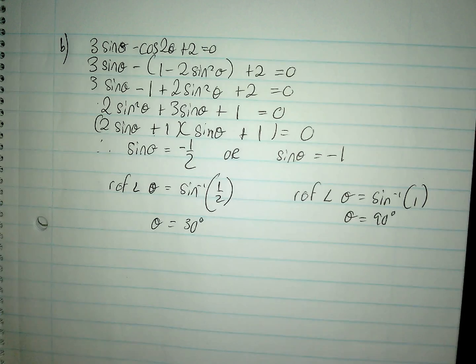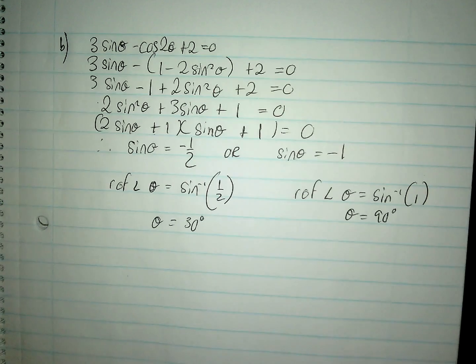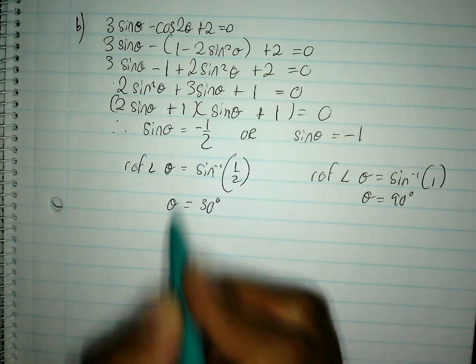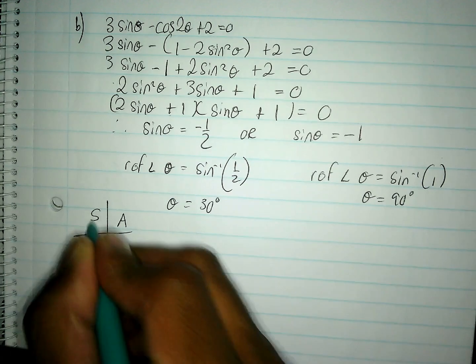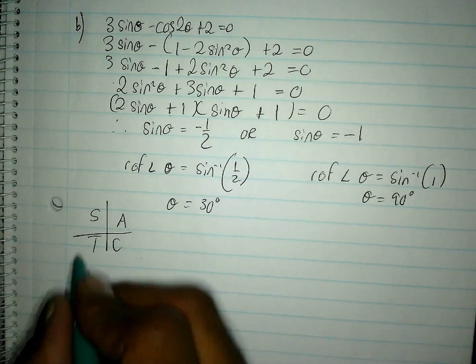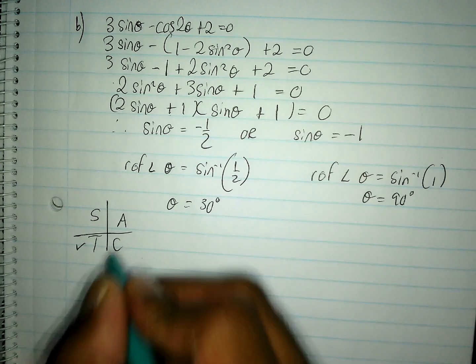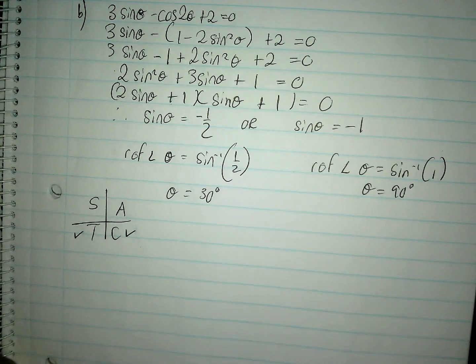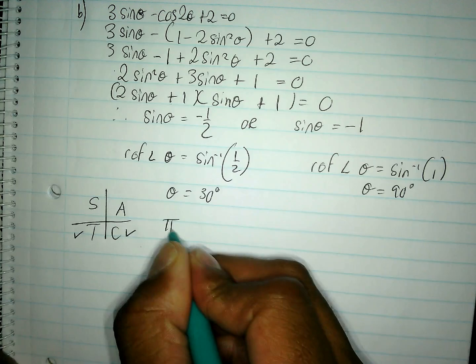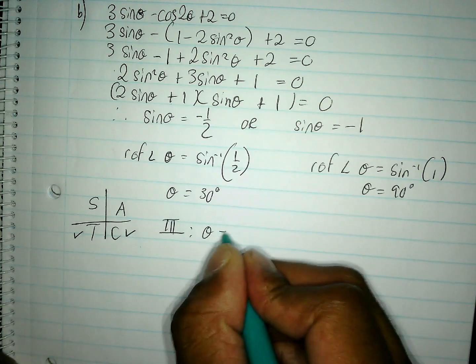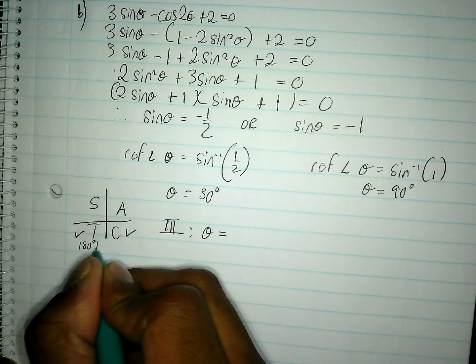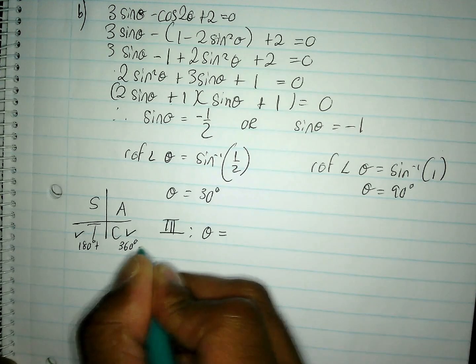Then we check where sine is negative. According to your CAST diagram, it's negative in the third and fourth quadrants. So in the third, theta is equal to 180 plus, and in the fourth, 360 minus.